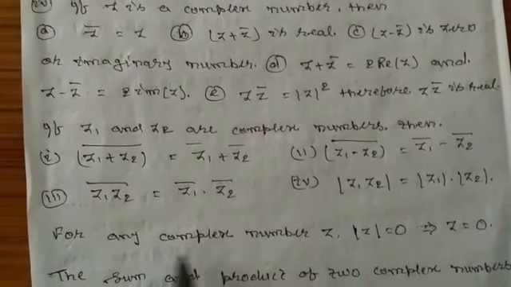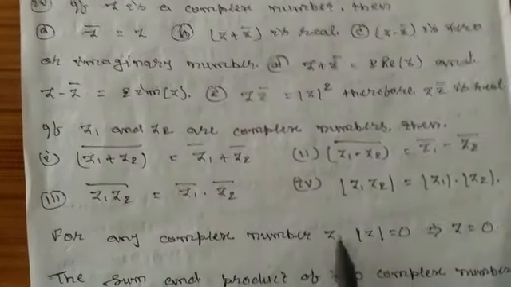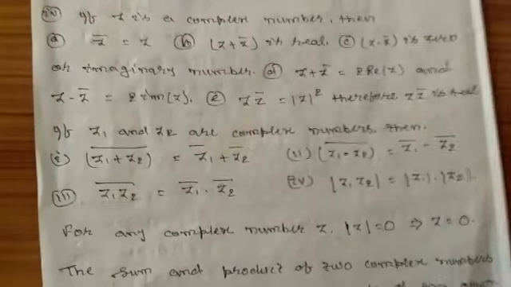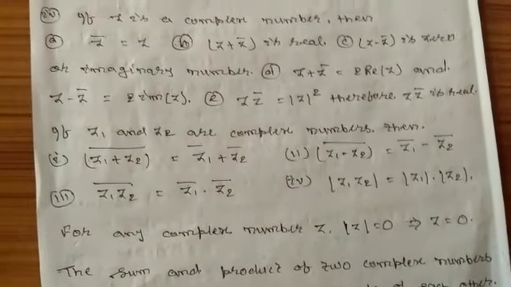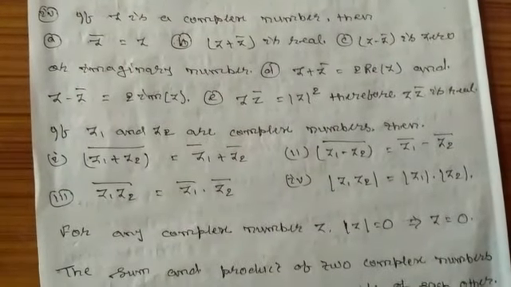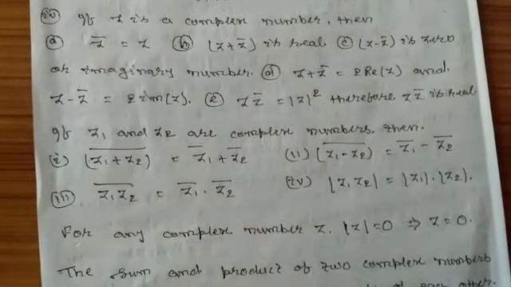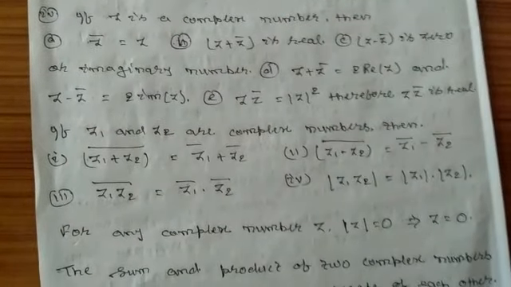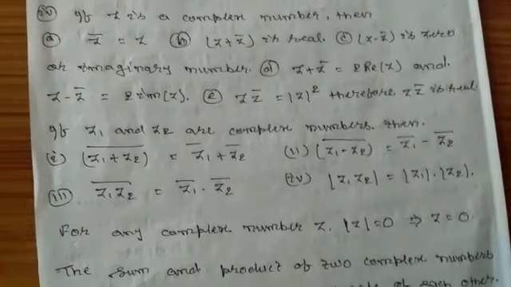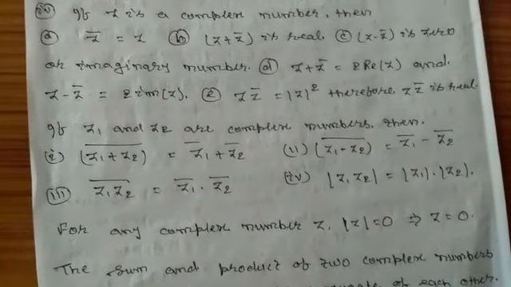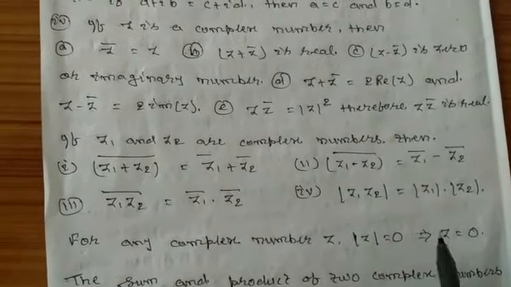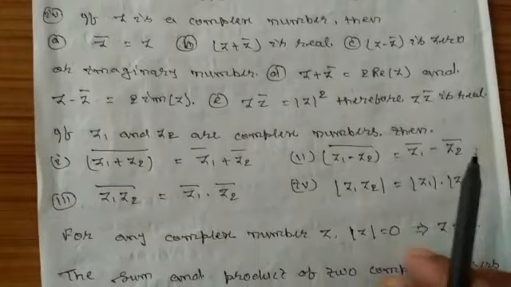For any complex number z, if modulus of z equals 0, it means that z equals 0. It means any complex number whose absolute value is equal to 0 is itself 0.